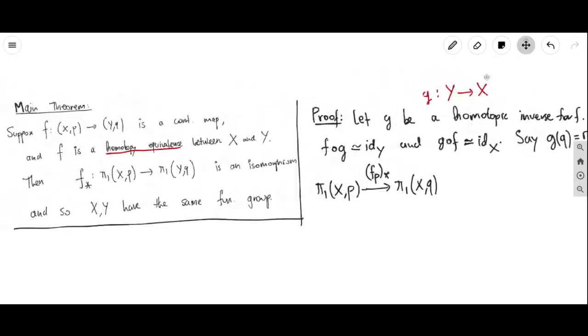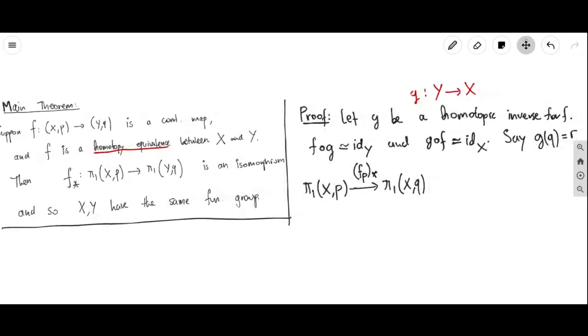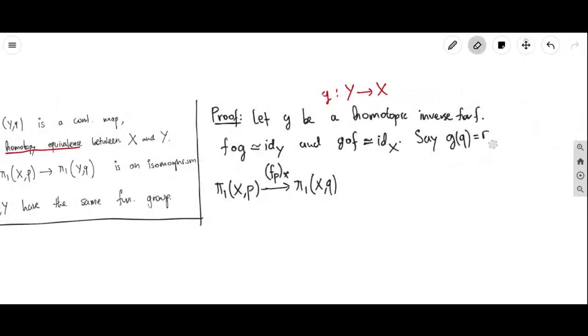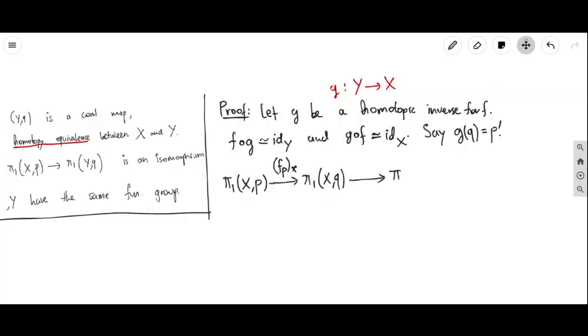So what we're saying here is P is being mapped to Q, and then G takes that point Q and maps it to another point in X. Let's call it R. Or maybe it will be better to call it P prime, so that we know this one is coming from X and not Y. Okay, so this one we're going to call, this is pi, oh, small mistake.